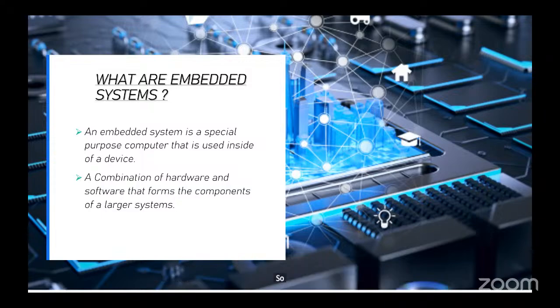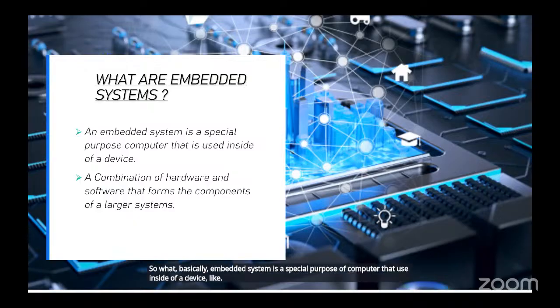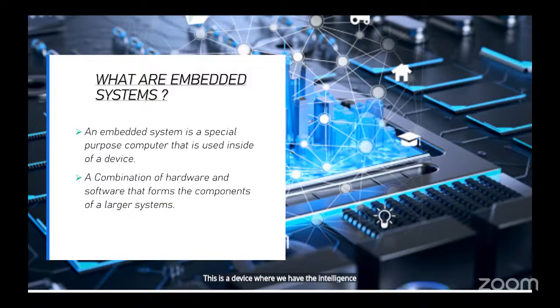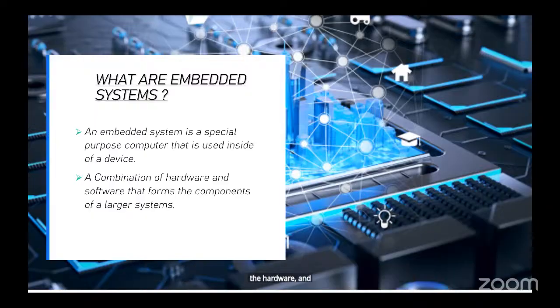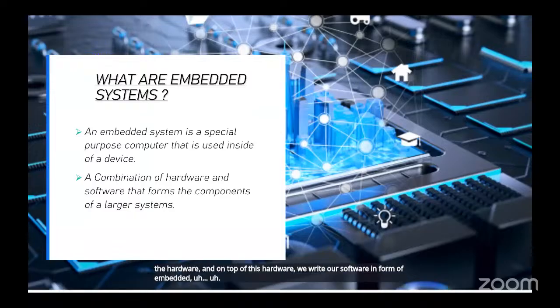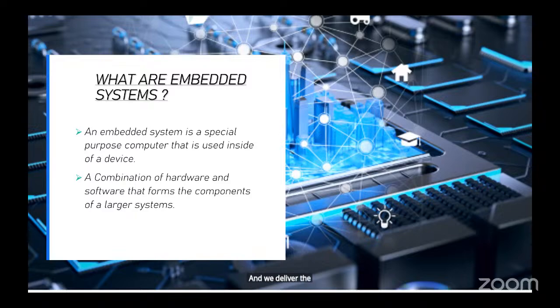An embedded system is a special-purpose computer used inside a device, where we have the intelligence to work with certain hardware and certain software. Based on the requirement, we design the hardware, and on top of this hardware we write our software in embedded C or whatever it is, and we deliver the end product as per our requirement. So an embedded system consists of hardware and software; it's a complete package.